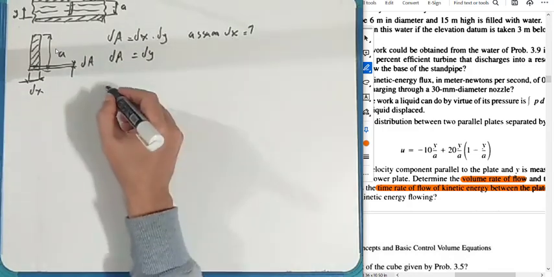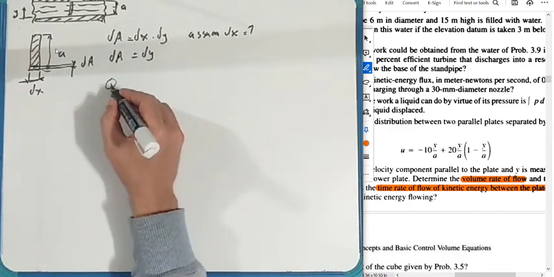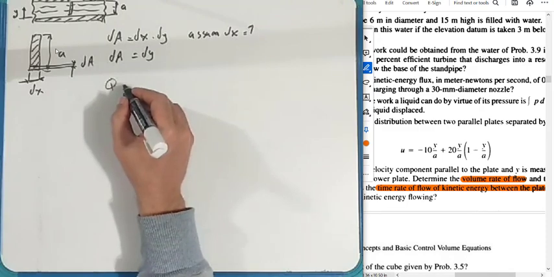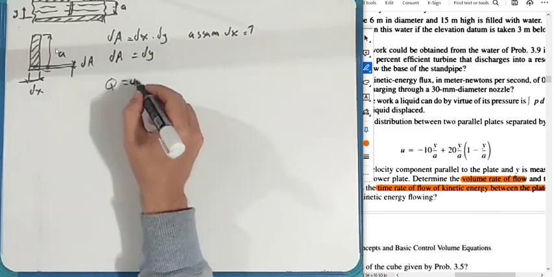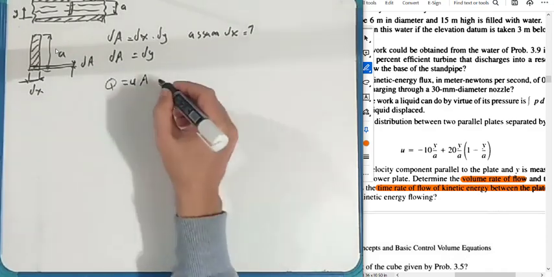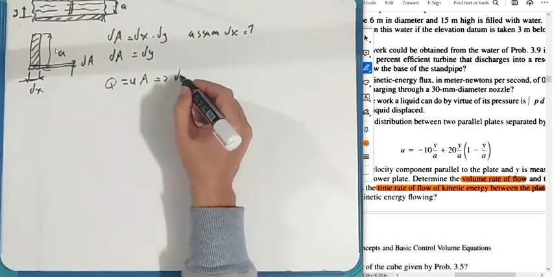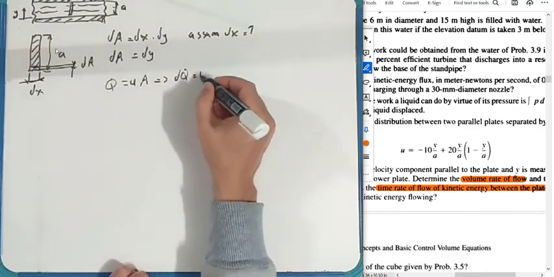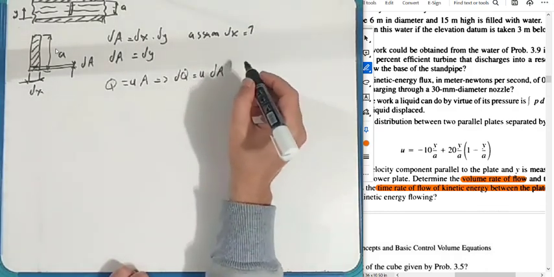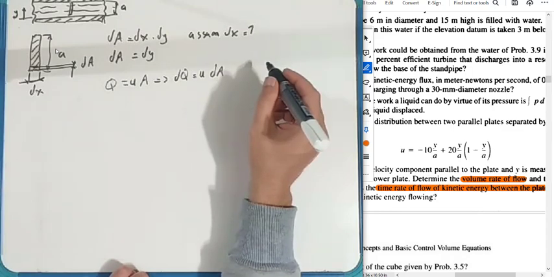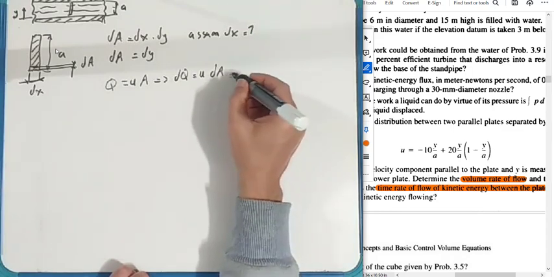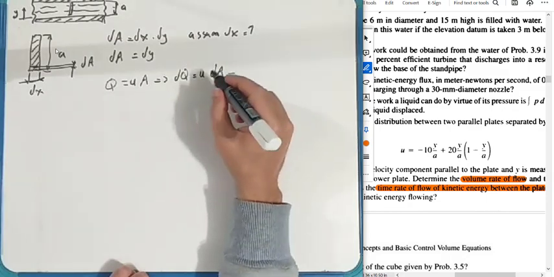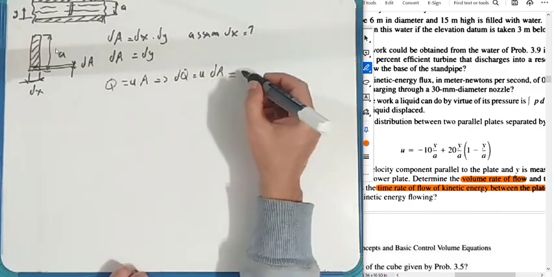And we know that Q, which is the flow rate, equals UA. So I can write it this way: the differential of Q equals U dA. Is it right? Then I put U from the equation inside it.